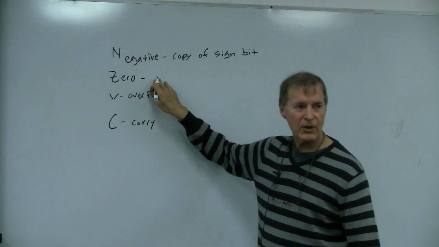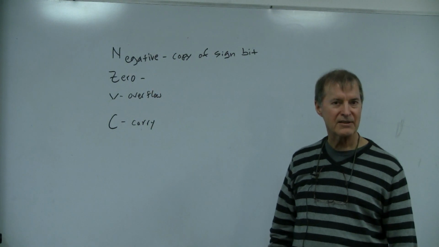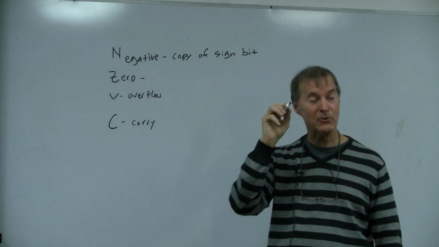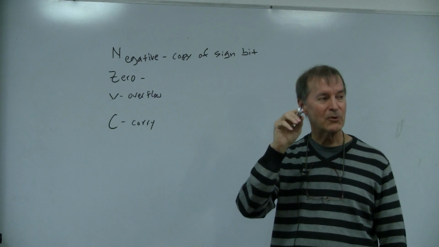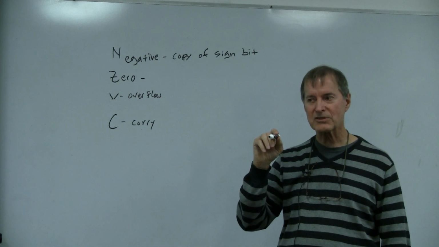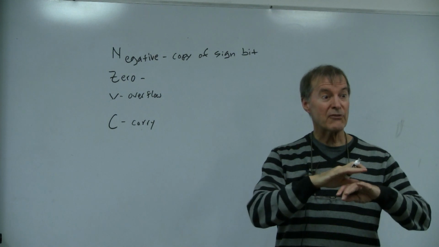But when is Z 1? Remember when we would do those exercises and we'd say, I was doing an operation, what's the value of N, Z, V, and C? Do you remember how you determined what Z was? Z is 1 if they are all zeros.